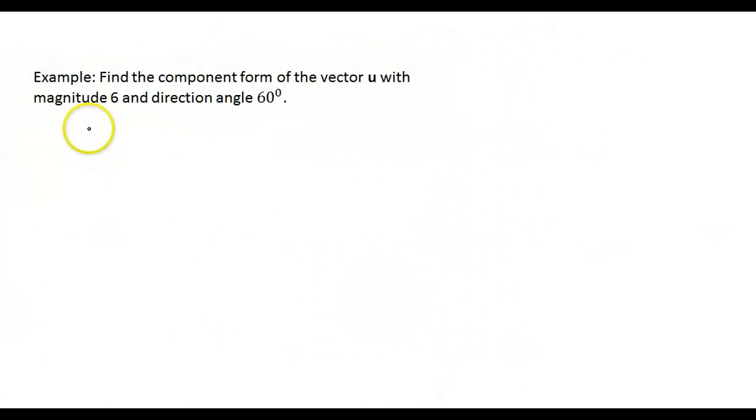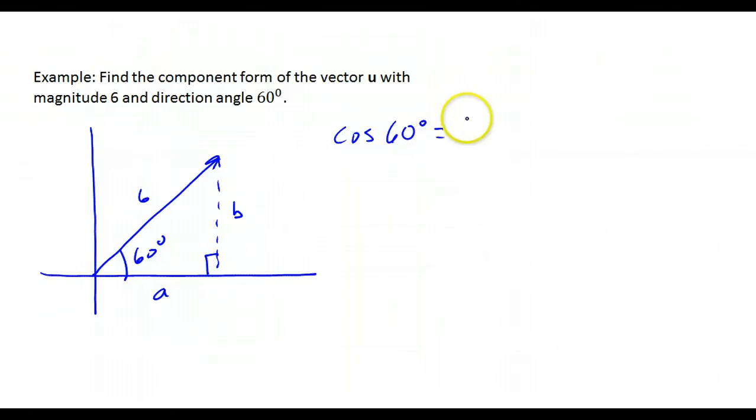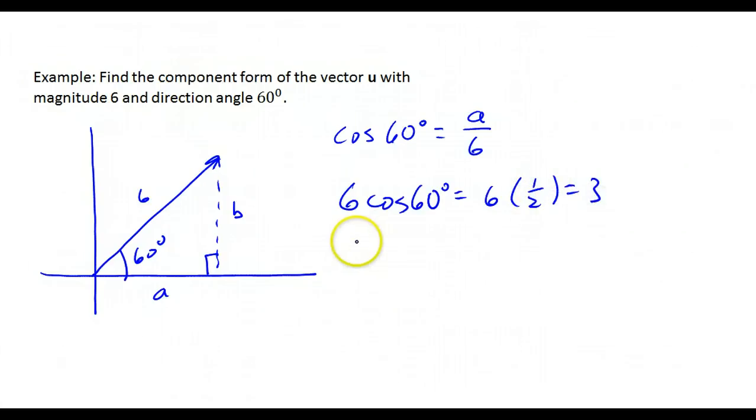And our last example. So let's find the component form of the vector u with magnitude 6. So that's 6 units that way. And the direction angle is 60. So the problem is, what is b and what is a? Well, the cosine of 60 degrees, according to our little right triangle we just figured out there, is going to be the adjacent over the hypotenuse, which in this case is the magnitude. So it's 6 cosine 60, which is 6 times 1/2, which is 3.